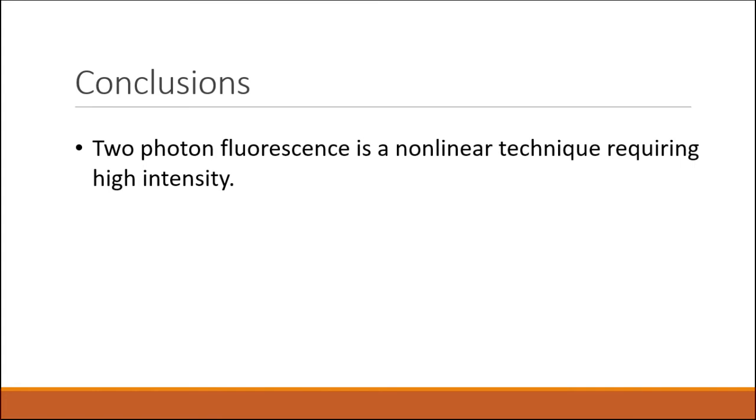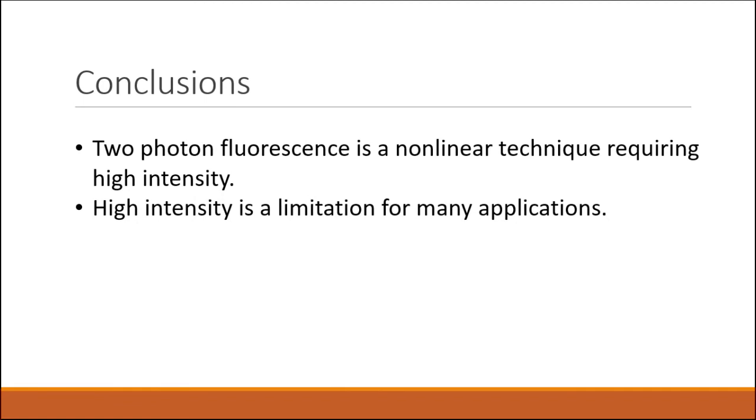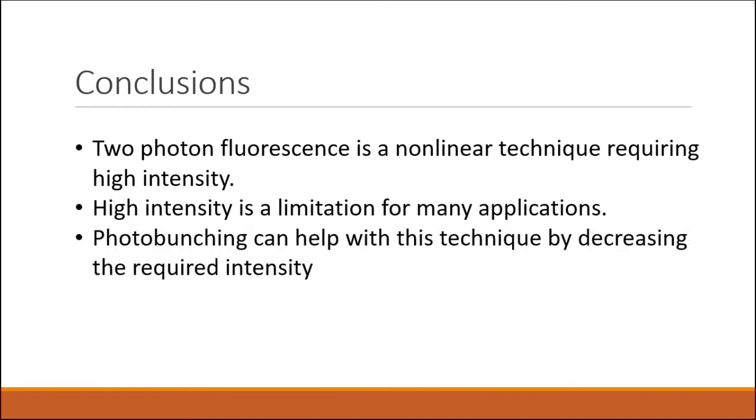The fact of having high intensity limits these techniques for biological studies or visual optics, so we can't use this for this process. In addition, we overcome this limitation of two-photon fluorescence with bunching, which reduces the intensity required. So we will have achieved an efficient technique to generate images with multiphoton.